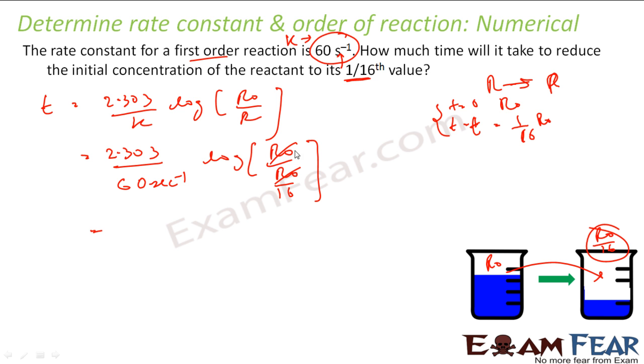And R naught will be cancelled. This becomes log of 16. You solve this, you get 4.6 into 10 to the power minus 2. Unit will be second. And that is my answer. So this is the time when the concentration will become 1/16, that is 4.6 into 10 to the power minus 2 seconds. Very, very small amount of time for the concentration to become 1/16 of the initial value.